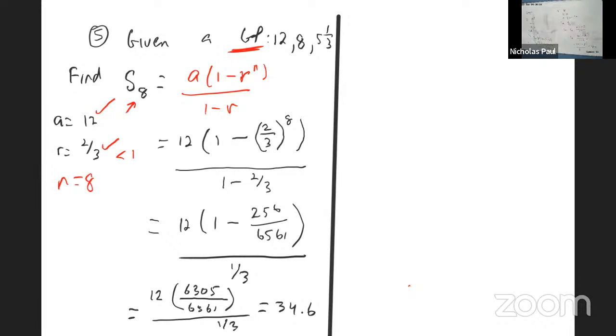Right, so let's do it step by step in the calculator. Good job, Malini. Check it back one more time. You should get close to 34.6. If you have a sharp calculator, make sure to put in brackets.